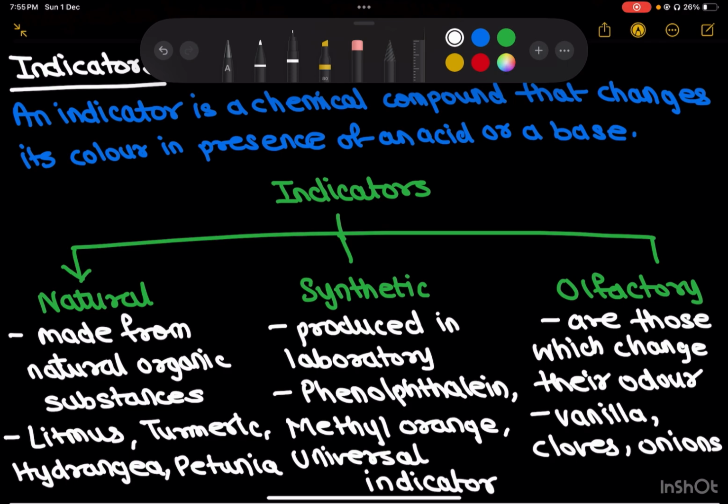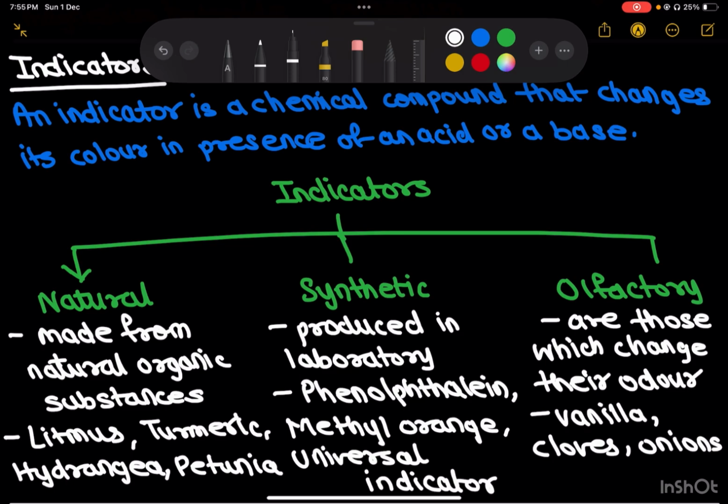Basically, in an acid, all of these olfactory indicators retain their smell. But in bases, they lose their smell. We cannot smell the vanilla essence in base. That is how we can identify whether a given substance is an acid or a base.